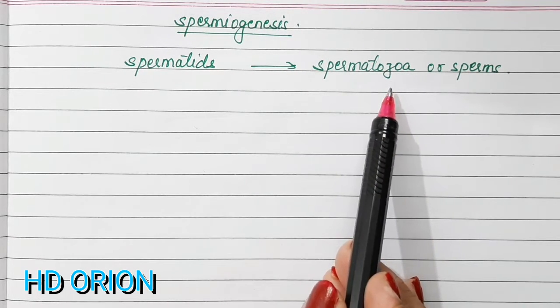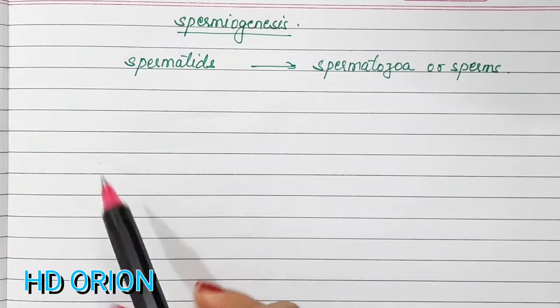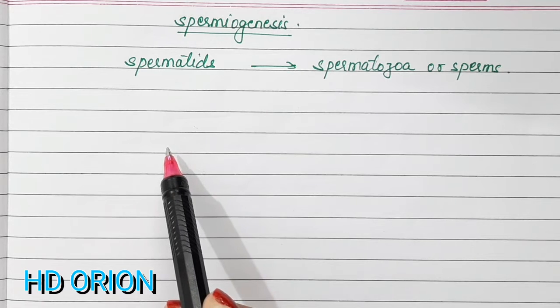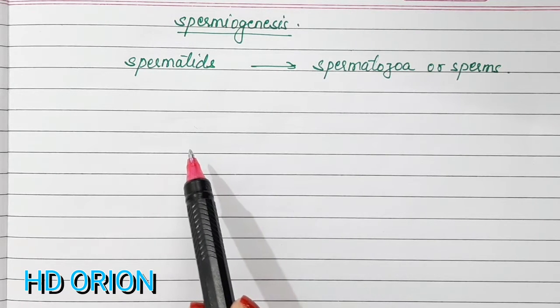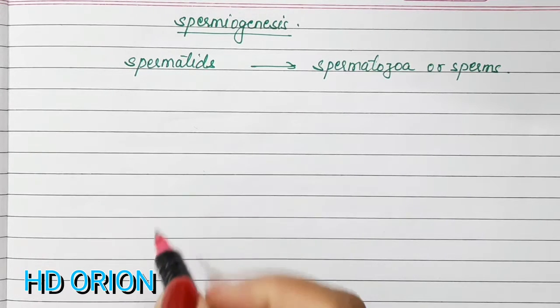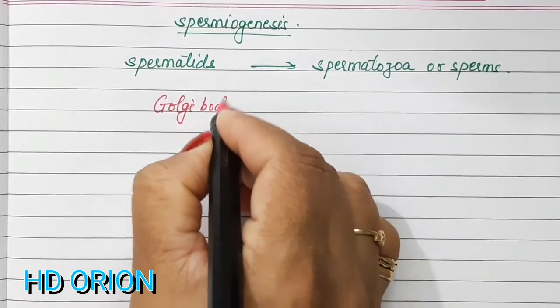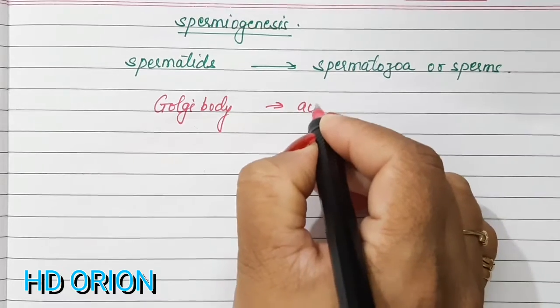There are certain changes that will take place in the cell, especially in the Golgi body. I have already dealt with the structure of sperm. You may watch my videos to see the structure of sperm, in which we have studied that the Golgi body will form the acrosome.